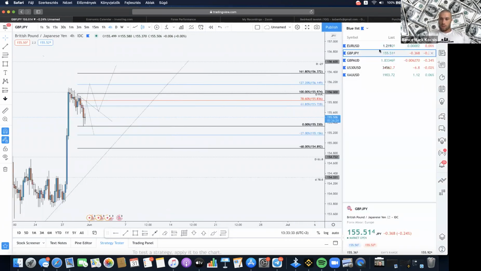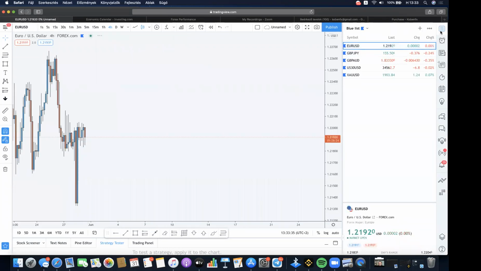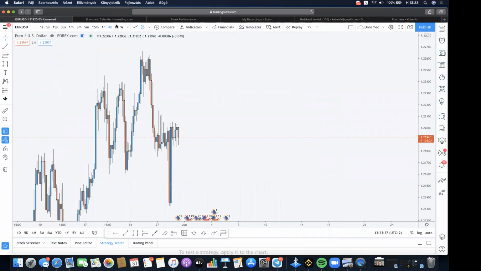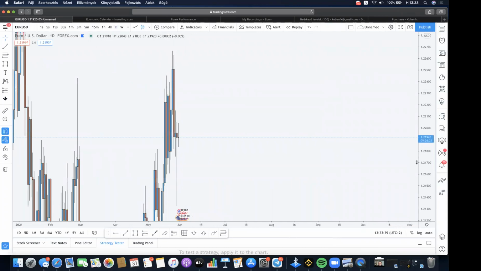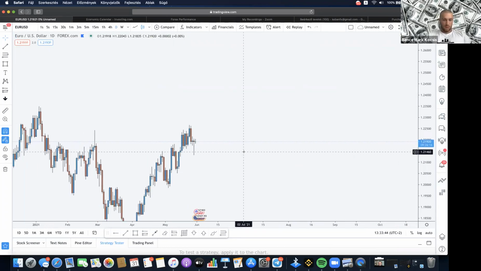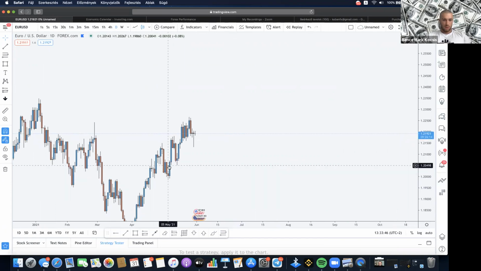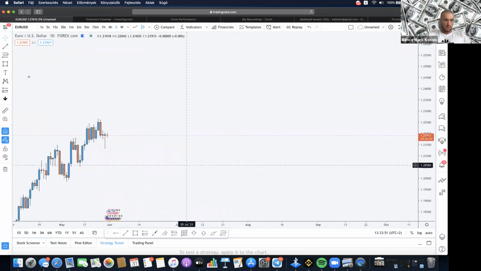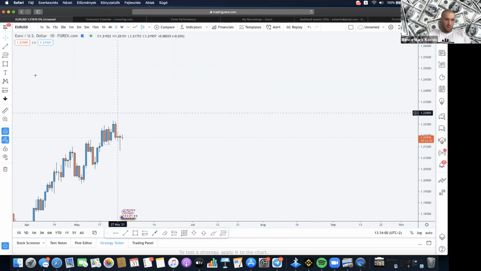Okay, let's see EUR/USD. So what can I see on EUR/USD? For me, still bullish. Last week, we had a crazy move to the downside, but actually you can say that equal lows, so I think it was just a stop hunt.